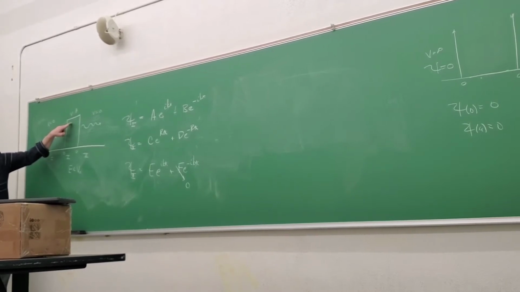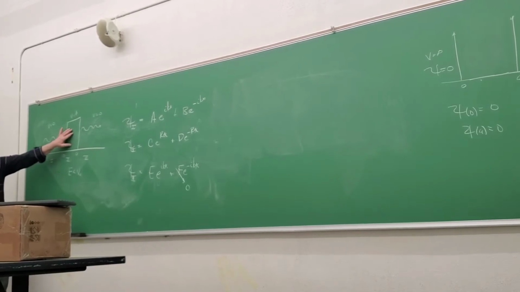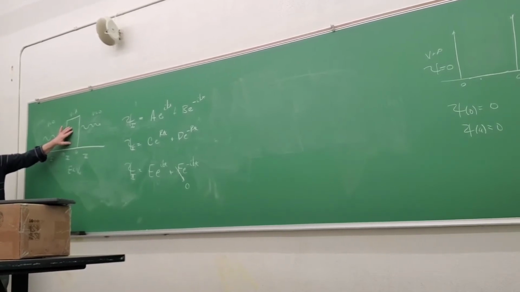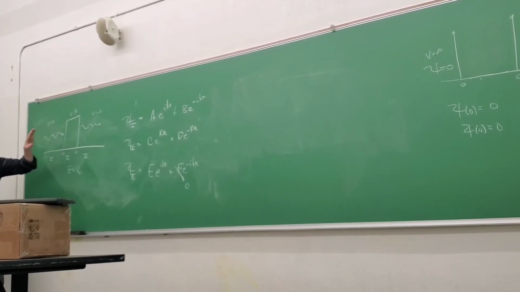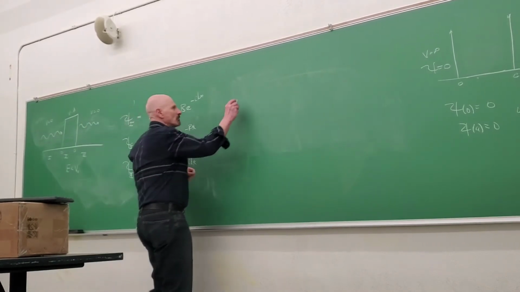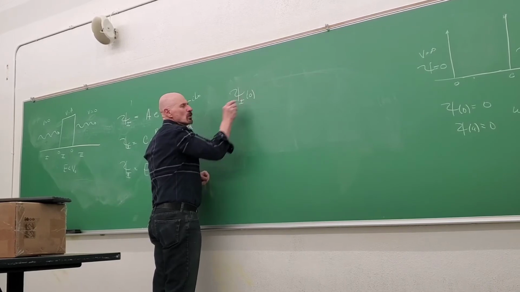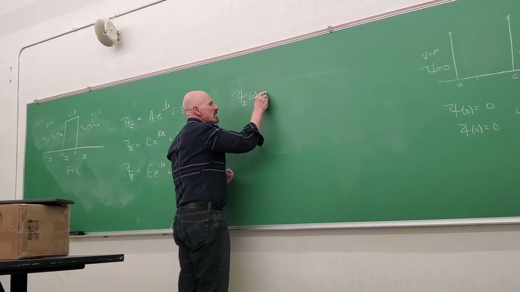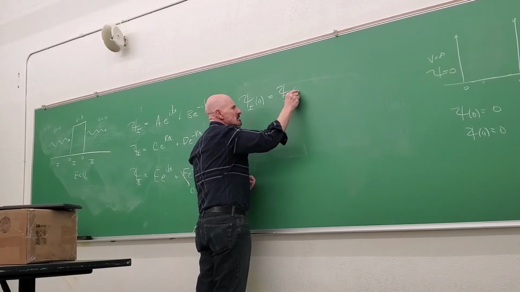It is not. So the wave function can exist in this region. So it is no longer 0, because the wave function is not 0 in here. So we have to have continuity. The continuity requirement is that the wave function in region 1 at 0 must be equal to the wave function in region 2 at 0.